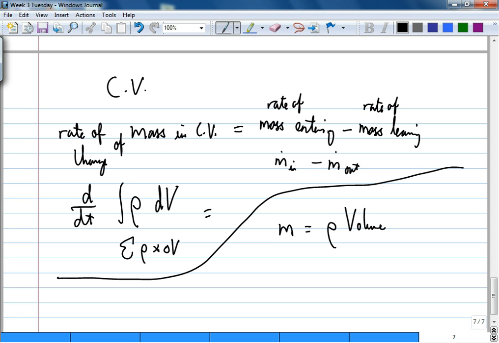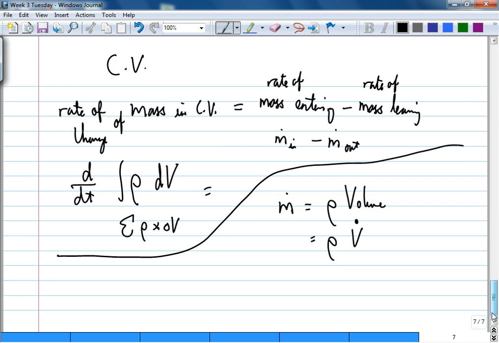So if you move that mass, density times volume, then m dot is equal to density times the volumetric flow rate, V dot. Volume is, say, liters per second. That volumetric flow rate is equal to area times velocity.